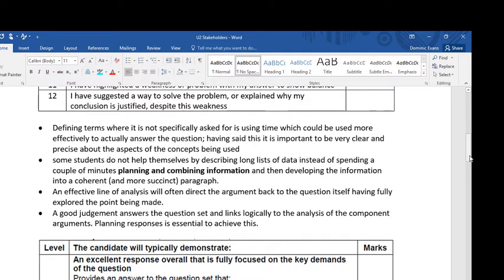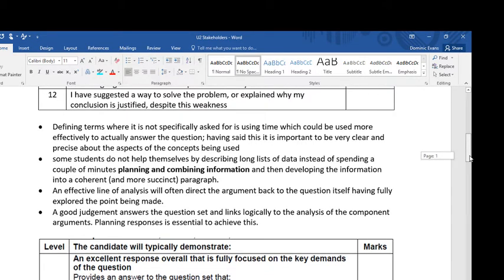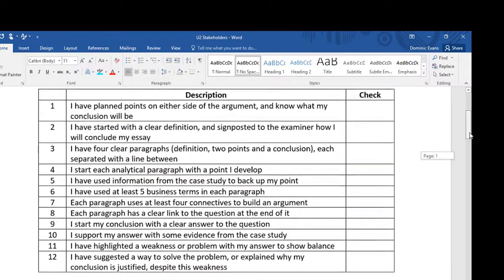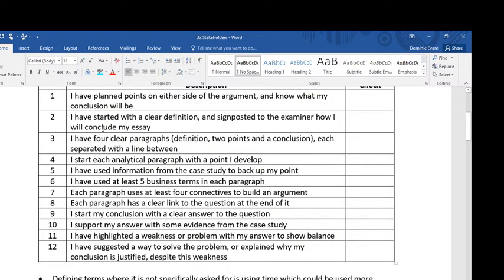So let's be very clear here, the examiner isn't saying don't start with a definition, but they are saying just think before, are you wasting your time by writing that definition? Will you explain the concept later on in the essay? If you are, then there's an argument that you don't have to put it in. Having said all of that, AQA have released plenty of specimen answers that do start with a clear definition.